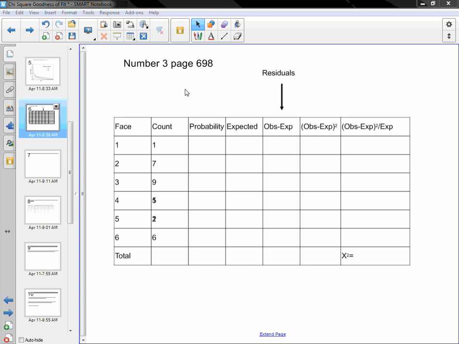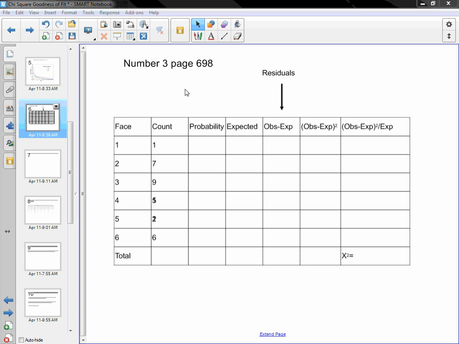All right. So looking at number 3 on page 698, I'll read it so people watching at home will know what's going on. It says, after getting trounced by your little brother in a children's game, you suspect the die he gave you to roll may be unfair.